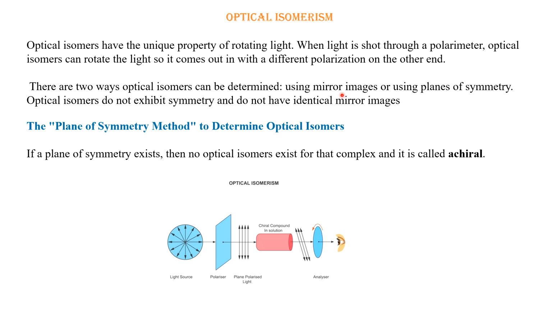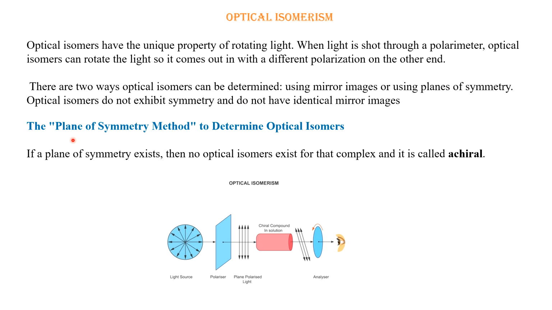Two methods are there. One is to find the mirror image. If the mirror image of the compound is not superimposable on the first one, then it will be optically active.